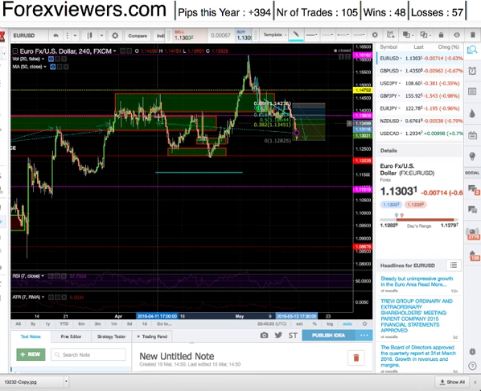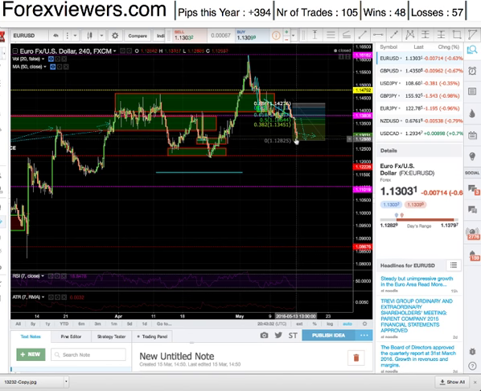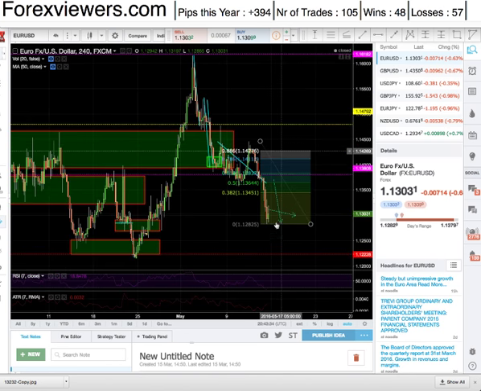If you can take a look at that right here. So a push, if the market finds some exhaustion right here, you can see we have a green candle that closed on Friday.